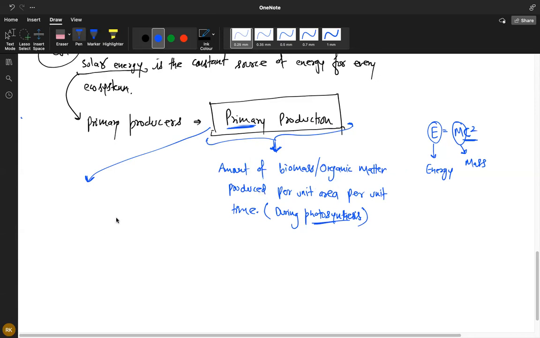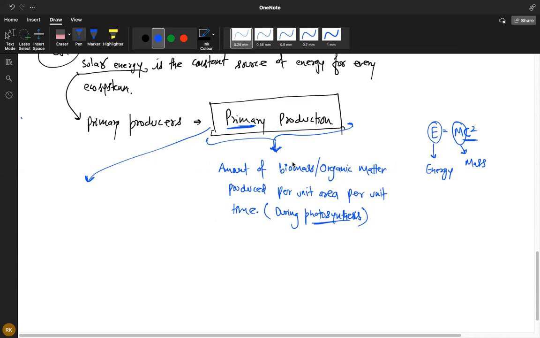Kilojoule is not a unit of mass or matter. It is the unit of energy. So if you define primary production in kilojoules, that means we are defining it as the amount of energy produced. Then you can use kilojoule.